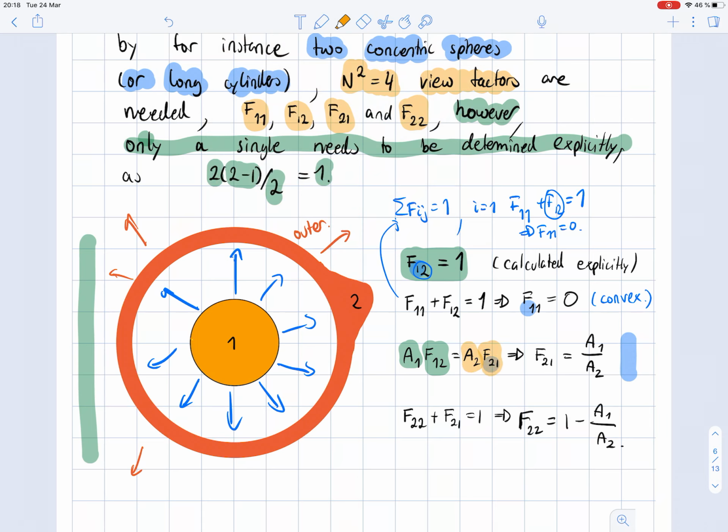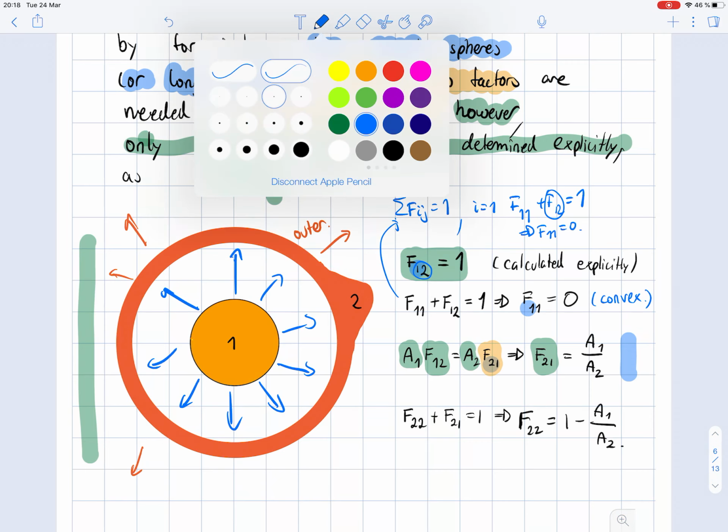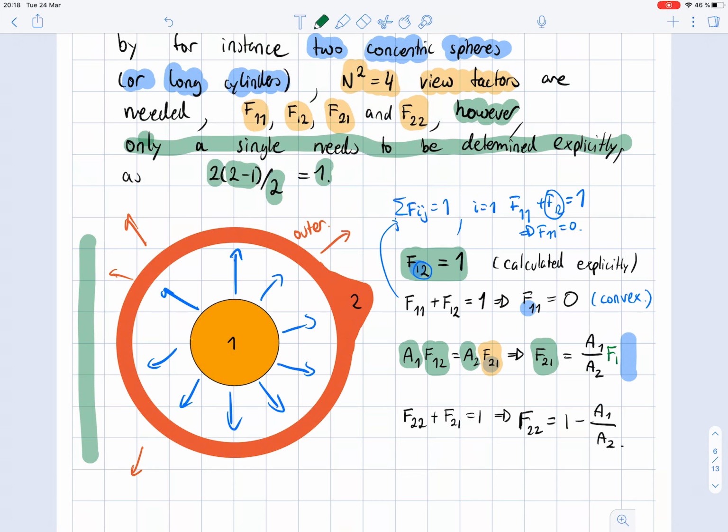This follows from the equality of these double integrals that we studied in the last lecture. So since we now know everything here except F21, we can calculate F21 as the ratio of A1 over A2. In reality this should be multiplied with F12, of course, but F12 equals 1 already, so we only get A1 over A2, the ratio of the areas.